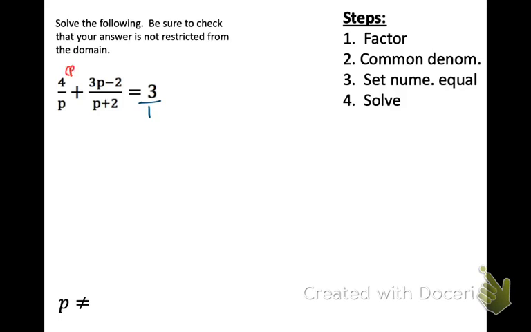So the first fraction, I'm going to multiply top and bottom by p plus 2. My second fraction, I'm going to multiply top and bottom by p. And then the third one needs to have both a p and a p plus 2. Whoops. I don't know where that x came from.